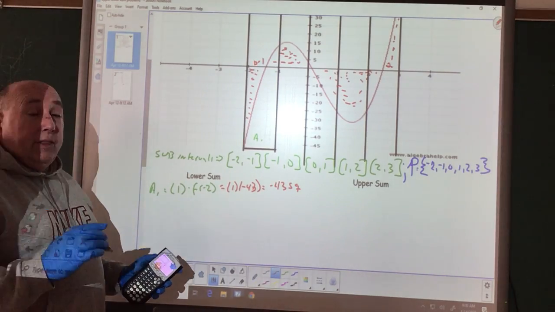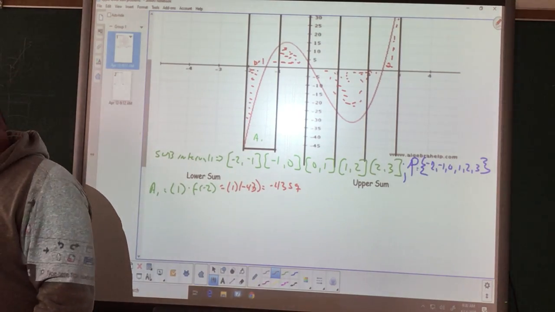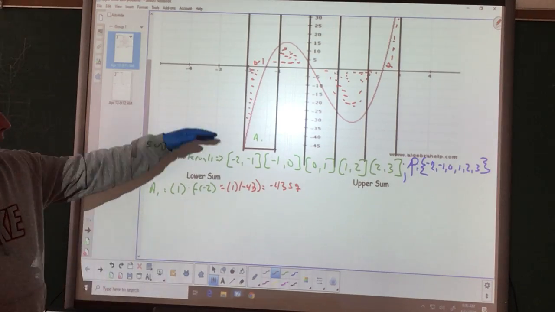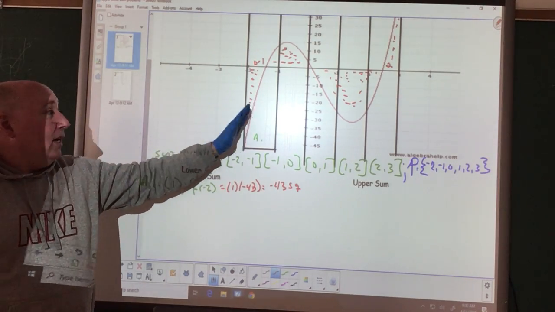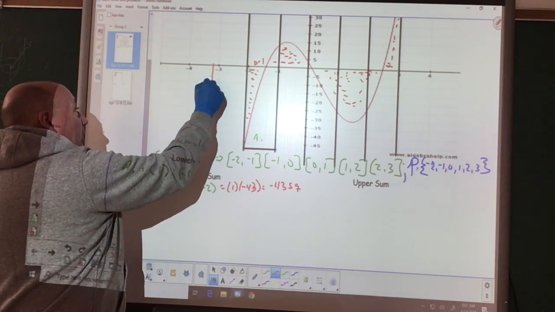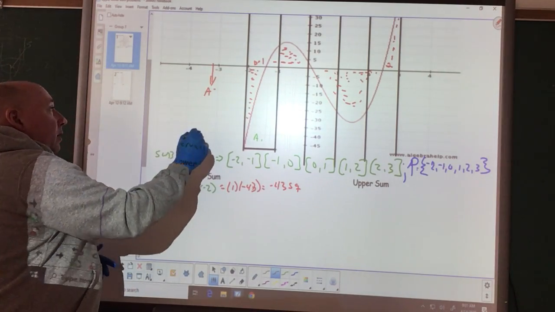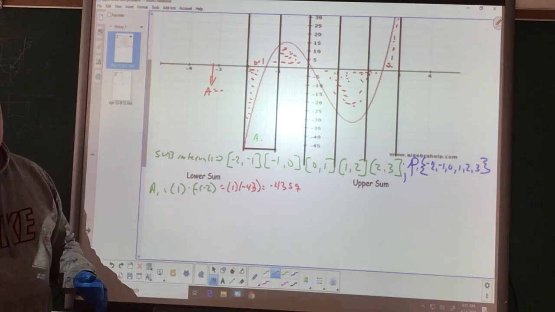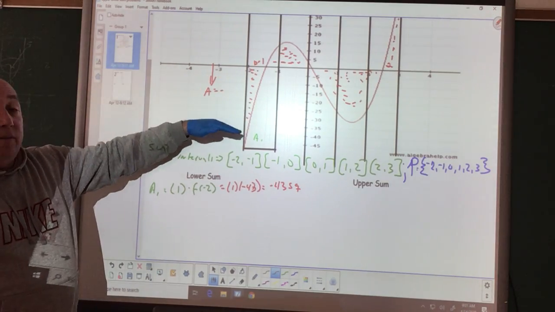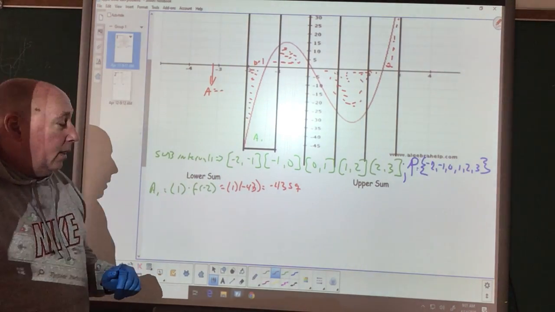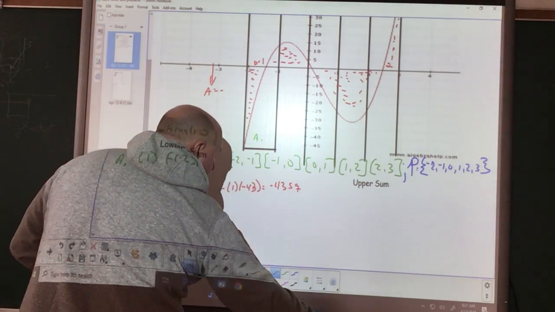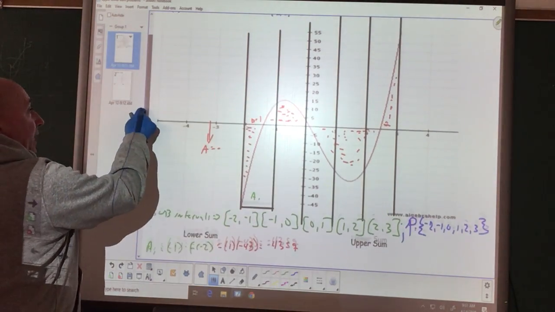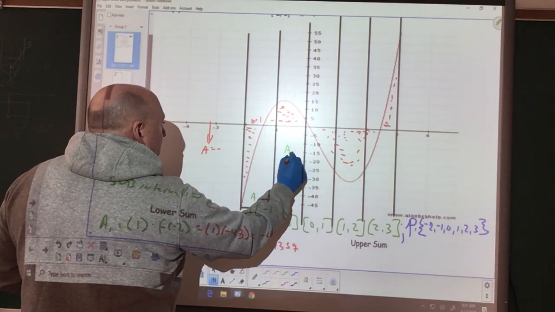Which now thinks about, well, let's take a look at the area. I have a negative area when I go below the x-axis. I got a negative area here, which is fine. That is fine. Let's look at my region 2, area 2.